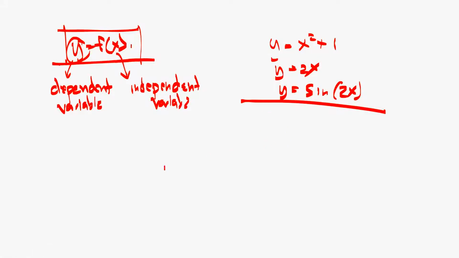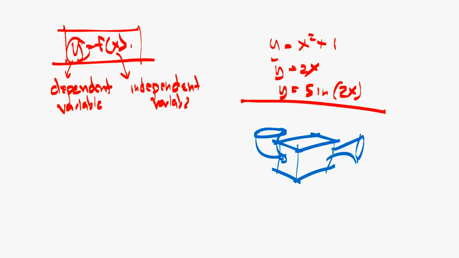Sometimes this function is drawn as a machine, right? So let's say you have an input right here, and then you have an output. Let's say this is a function machine.